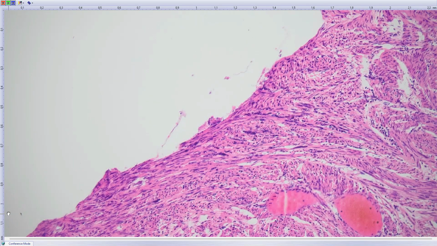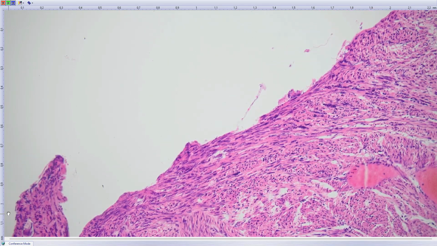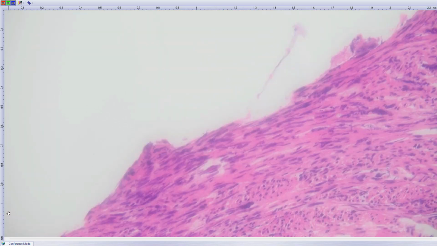But if you go to higher magnification, you start seeing some atypia in these cells.